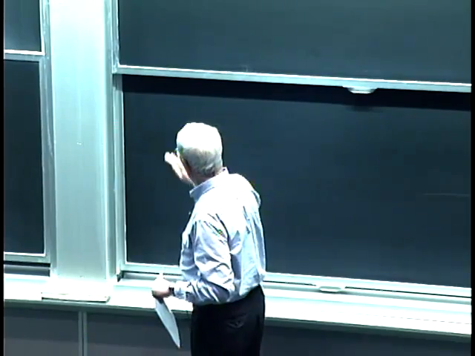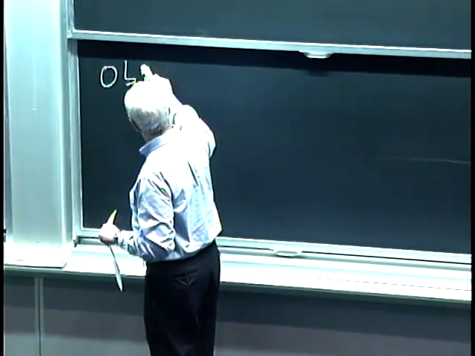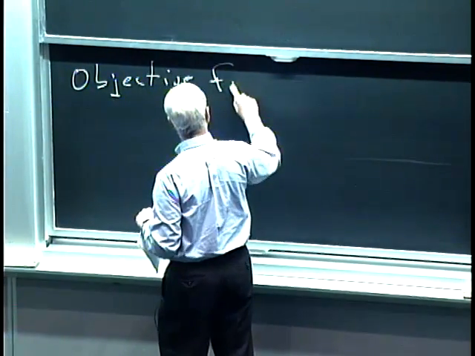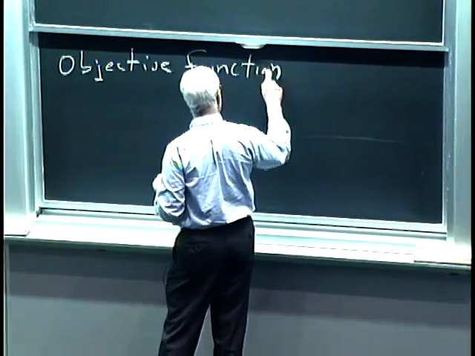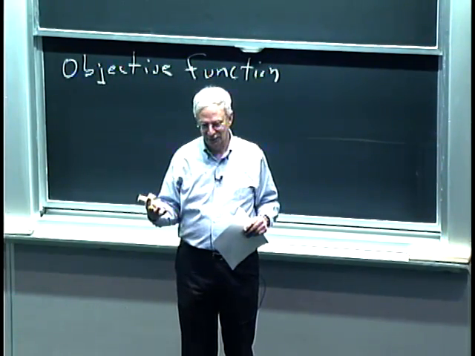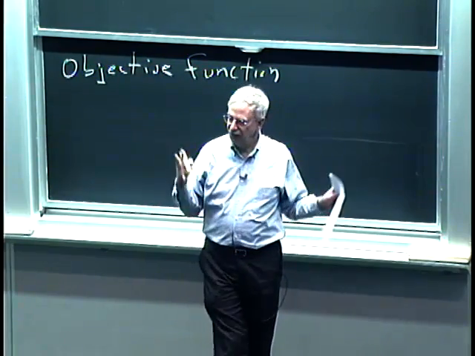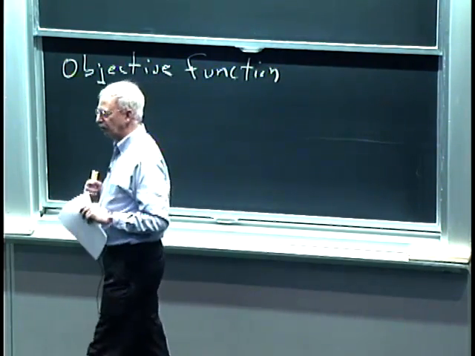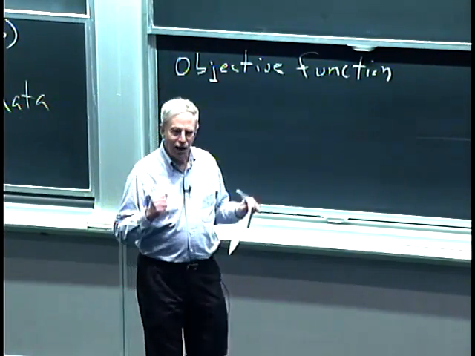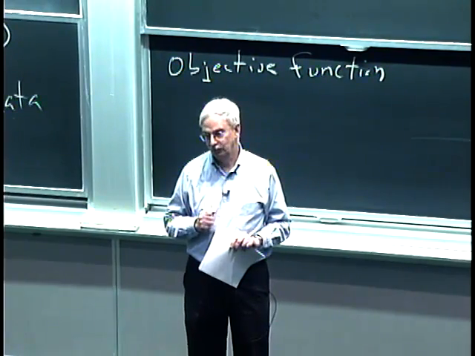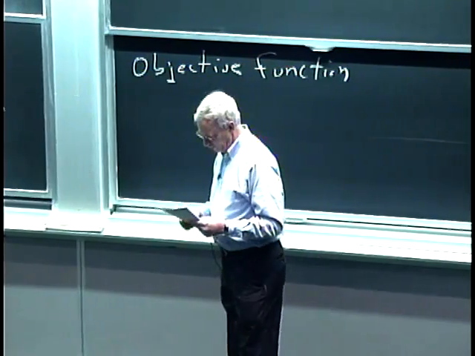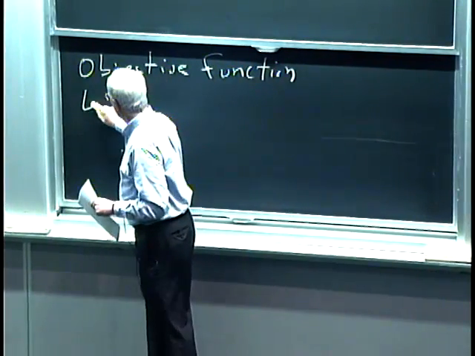Whenever we try and fit something, we need some sort of an objective function that captures the goodness of a fit. This is an optimization problem of the sort we've looked at before. I'm trying to find a line that optimizes some objective function. A very simple objective function here is called a least squares fit.